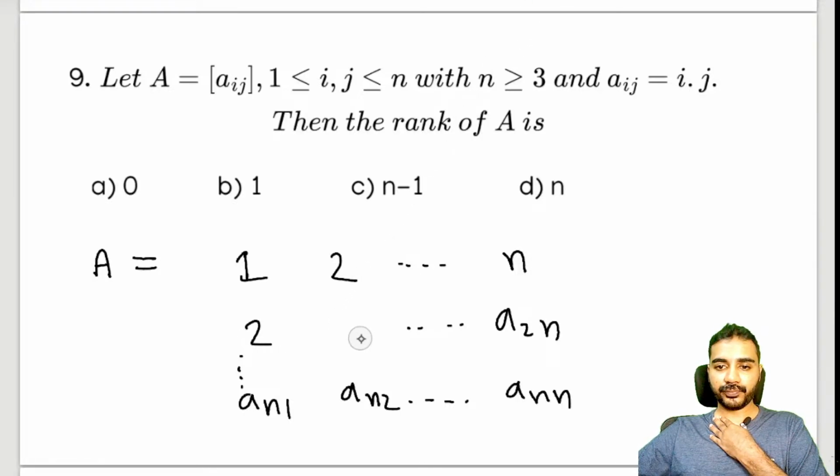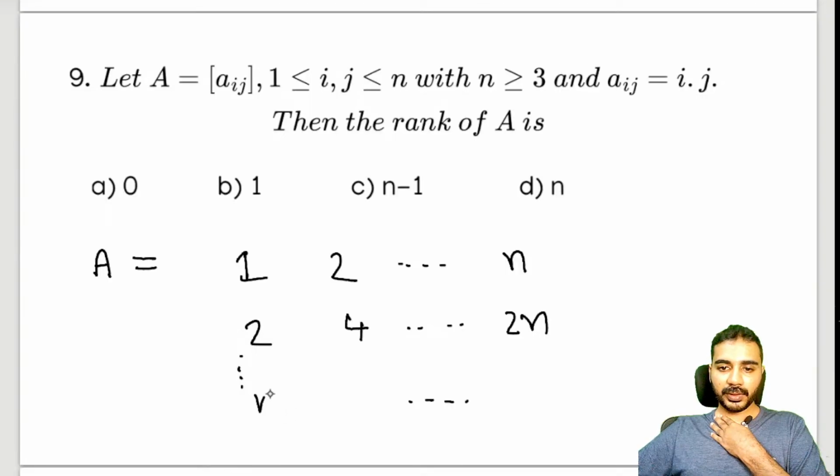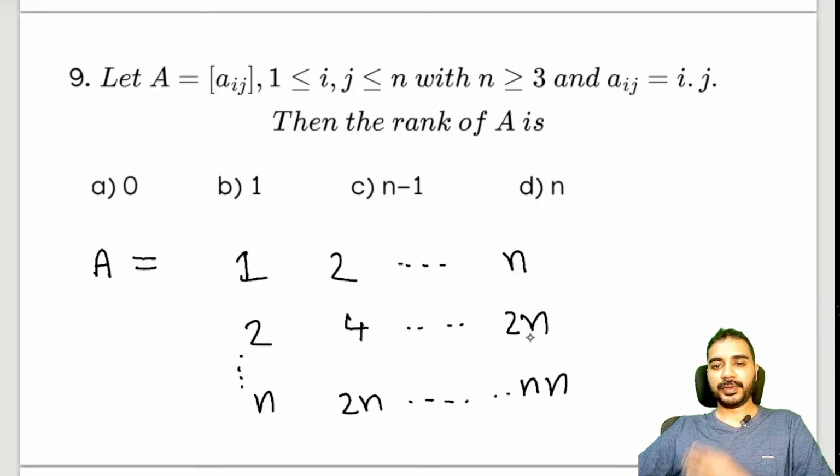Okay. A2n is 2n here. Okay. Similarly, we can replace this line, n, 2n up to nn. Okay.